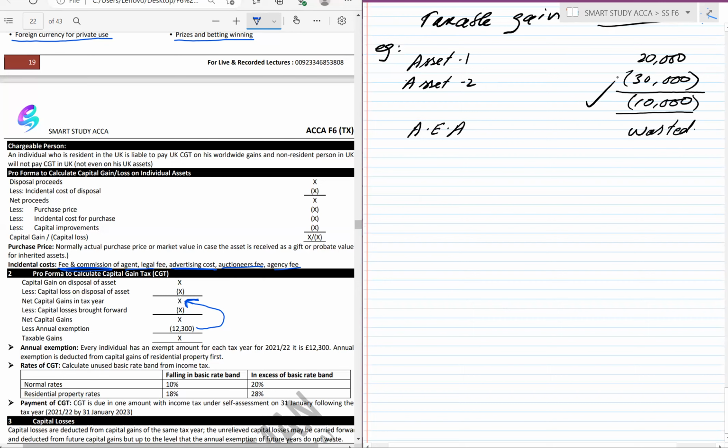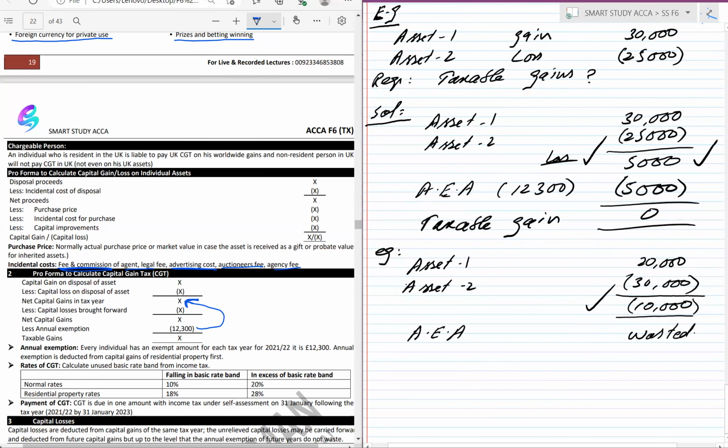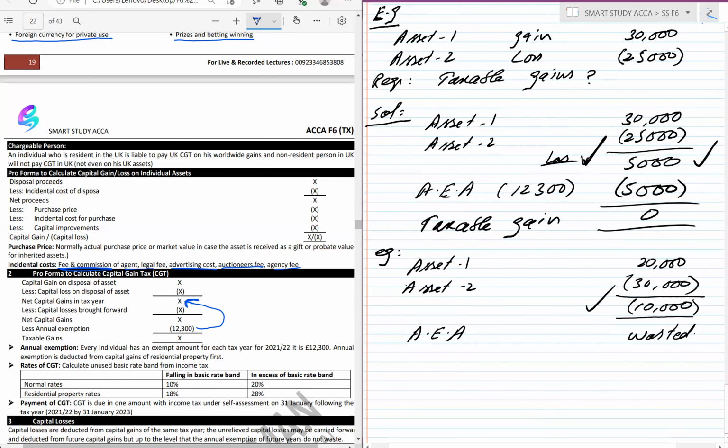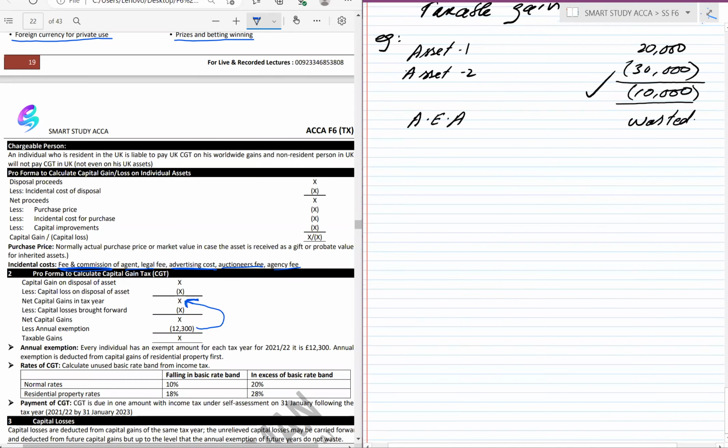Because we have already lost, annual exempt amount can only reduce our capital gain. So in the previous example, there was capital gain of 5,000 pounds. So our annual exempt amount has reduced our gain up to 0, and remaining annual exempt amount will be wasted. But in the next example, over here we have loss of 10,000 pounds. So if we have already lost, then annual exempt amount will be wasted, because the role of the annual exempt amount is only to reduce our capital gain.